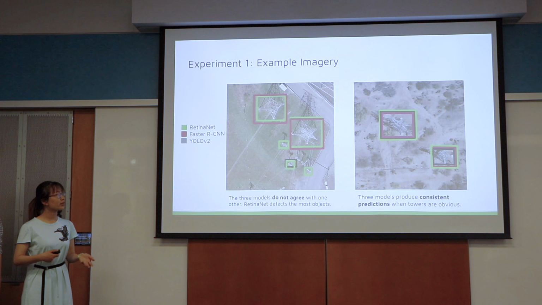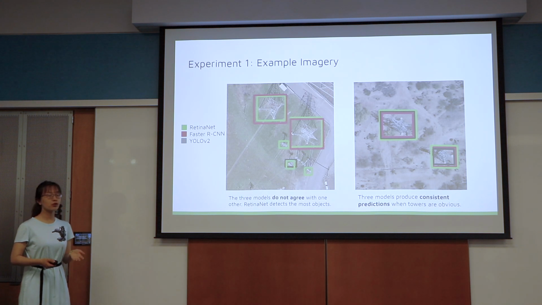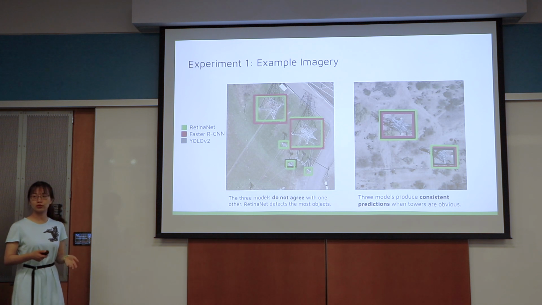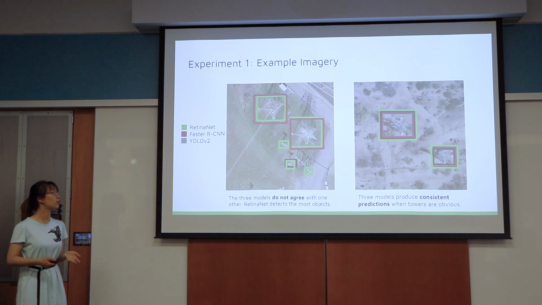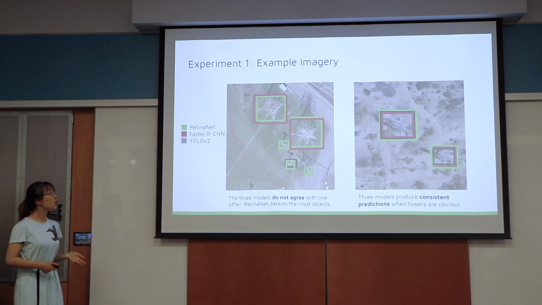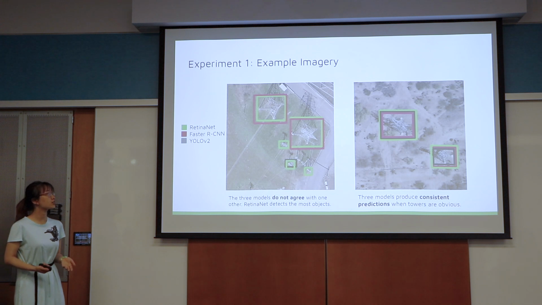So you can see from the image on the right, all 3 models are able to identify both of the transmission towers. However, we have some other images that will tell us, no, the 3 models are not all equally capable. For example, you see YOLO version 2 is only able to identify 1 distribution tower from the image on the left, while Faster R-CNN will do better and identify 2 transmission towers.